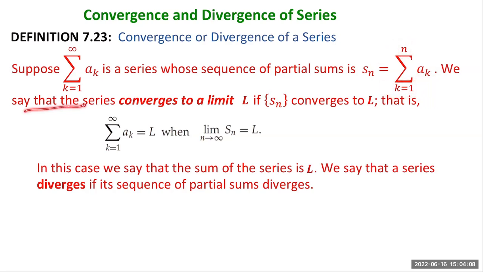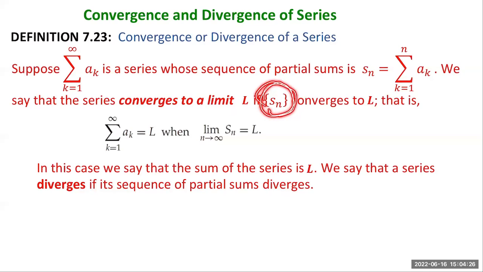We say that the series converges to a limit L if the sequence of partial sums converges to L. This means to check whether a given series converges, you analyze the sequence of partial sums.